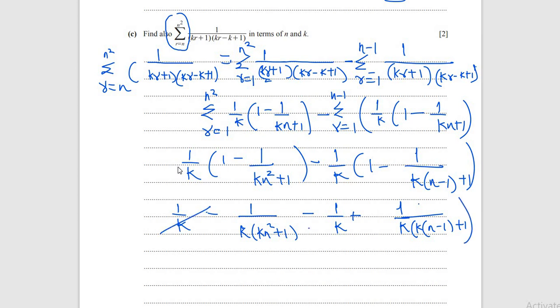So this cancels this. At the end of the day, 1 over k is common. So we have 1 over k.